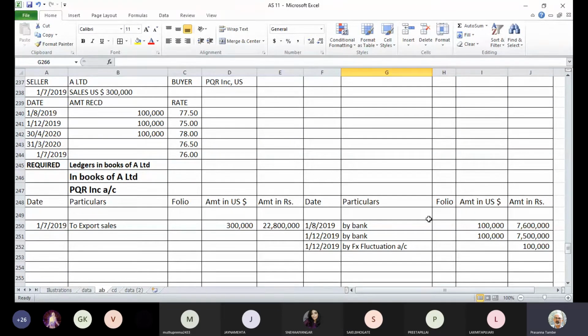That dollar-based balance will have to be restated at the rate of year-end. Year-end rate is 76.5, and the booking rate at the time of sale is 76. So that gain of 50 paisa per dollar will have to be recorded on 31st March. We will pass the entry PQR Incorporated account debit to FX fluctuation account.